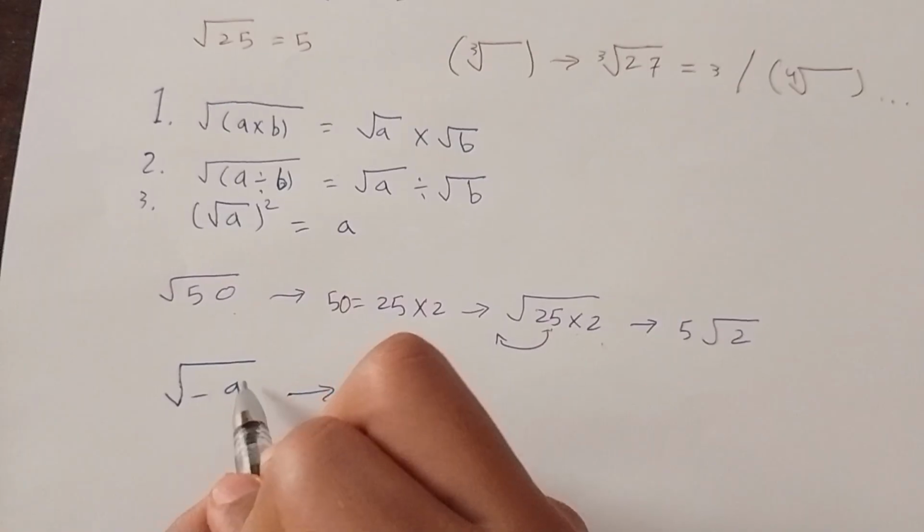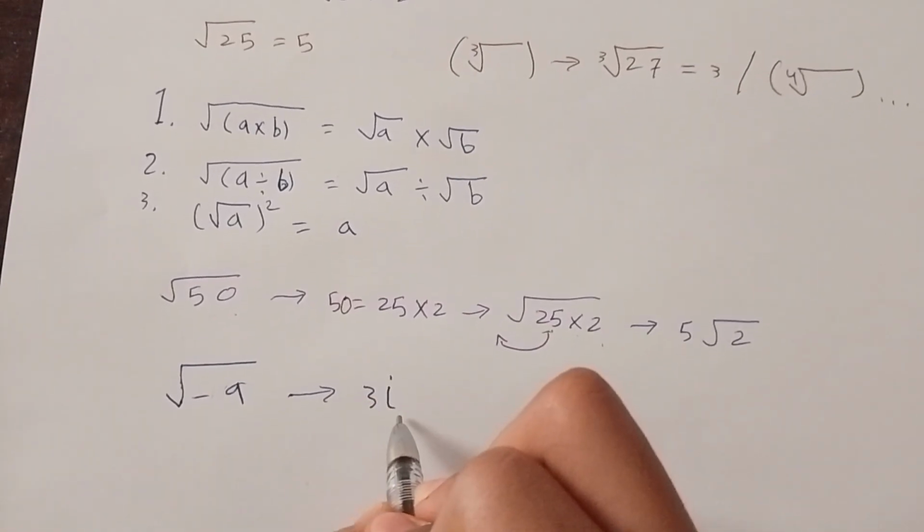The square root of 9 is 3, and the negative we write as i.